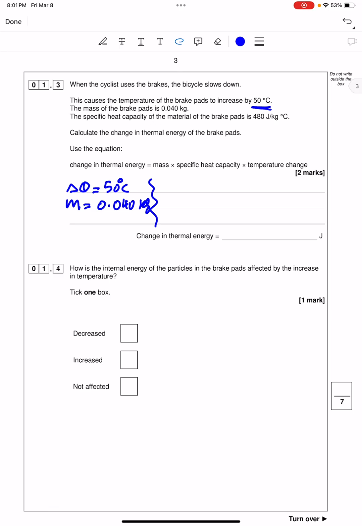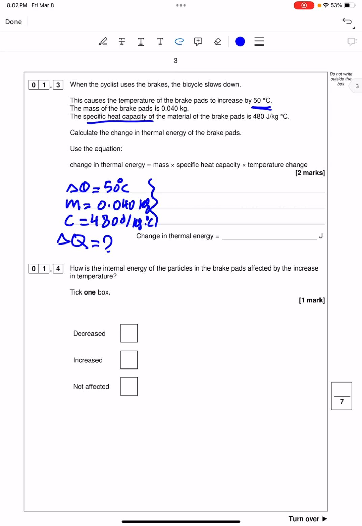The specific heat capacity, which we know as C, is equal to what? 480 joule per kilogram Celsius. So what they want from us? Calculate the change in thermal energy, delta Q. Now, if you don't remember each of these things, please try to solve some more problems.